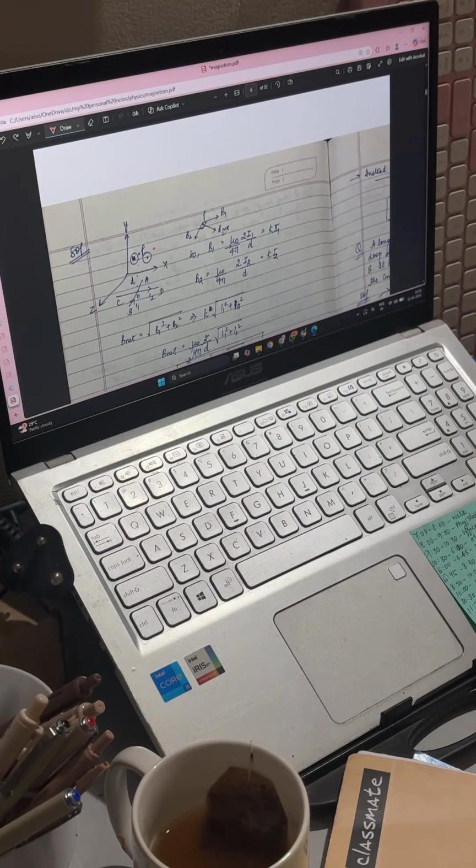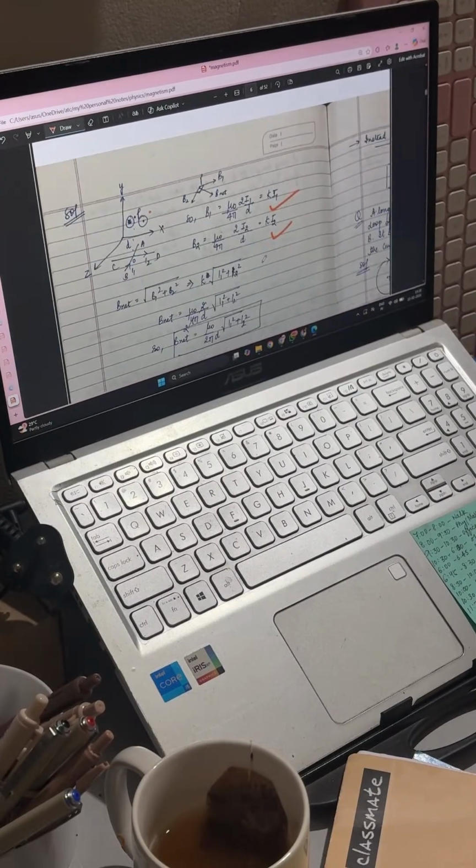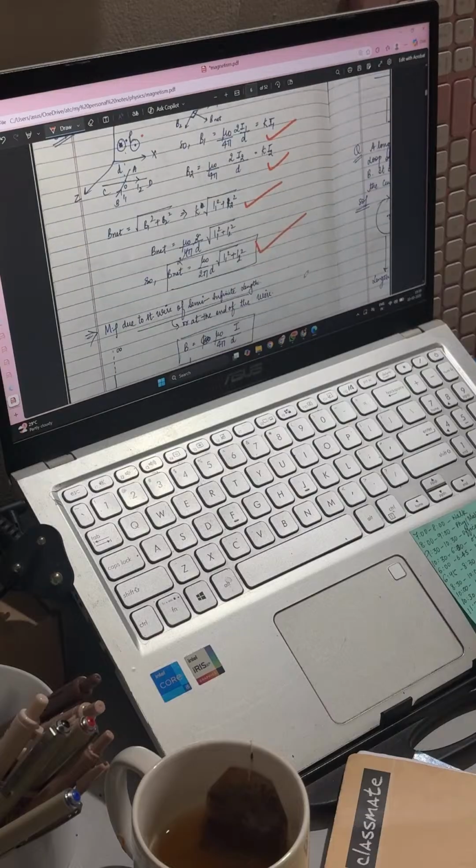Of course, again these are long wires, so you will get some KI1 and KI2 because the current is not the same in both. Now you have to calculate B net, which will be the square root of B1 squared plus B2 squared. Basically you are applying the superposition principle, and that's how you just substitute. Everything is common, just substitute KI1, KI2, and you get the end result. It's a simple one.